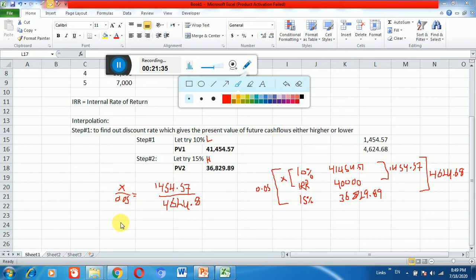So x is equal to 0.05 multiplied by 1454.57, divided by 4624.68.